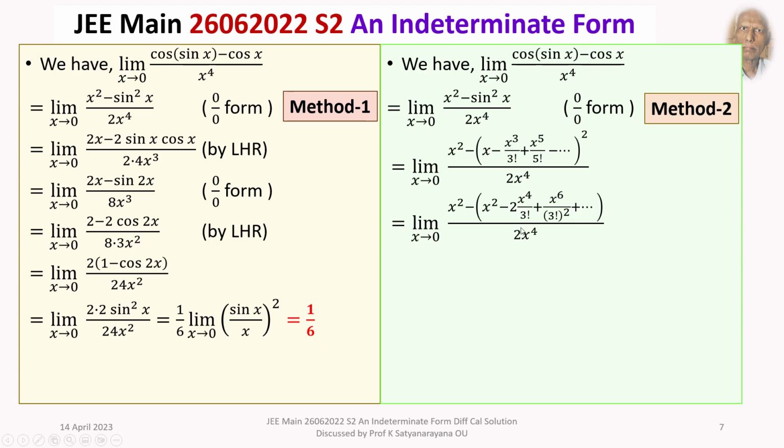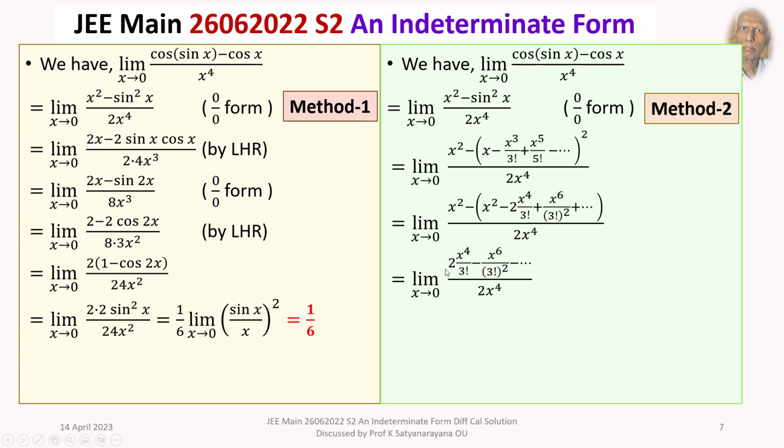Agreed. Now take out the bracket. So the limit as x tends to 0, x square minus x square cancel, and that will be minus into minus, plus 2x to the power of 4 by 3 factorial minus x to the power of 6 by 3 factorial minus the higher powers of x, by 2x to the power of 4.